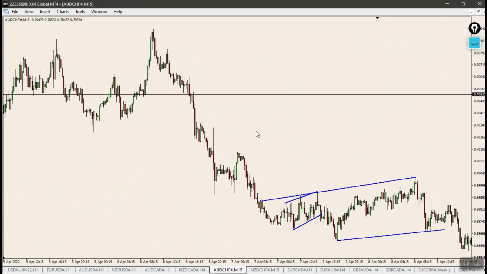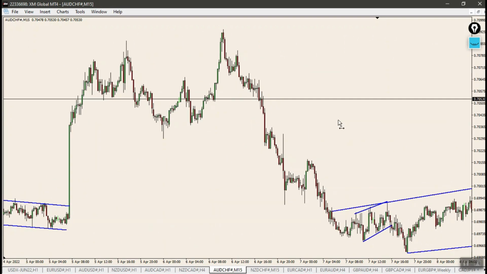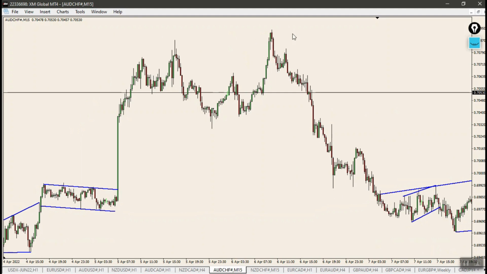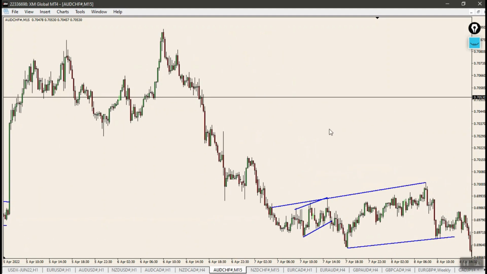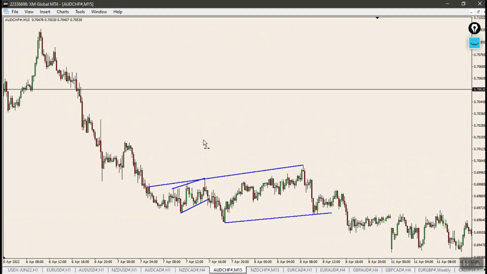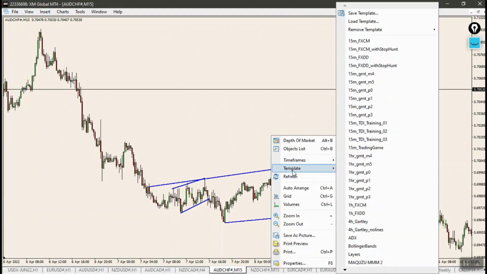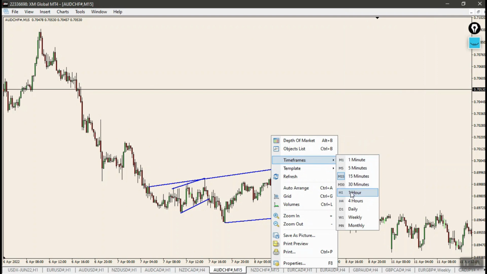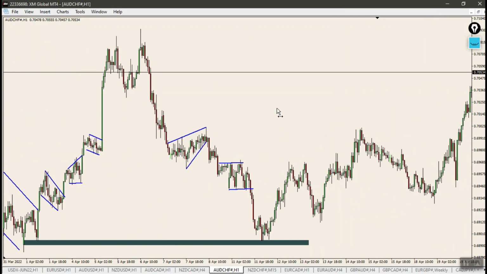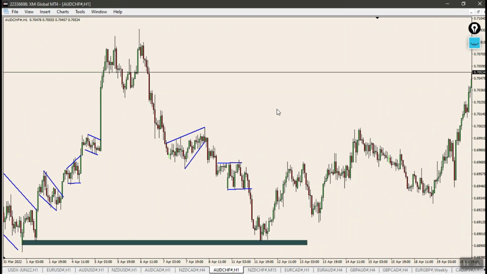On the next example, we are still on Aussie CHF. We have a double top here where the market reverses, and we have a continuation pattern, a large structure, on the 1 hour chart. Let's go on the 1 hour chart real quick, so that we have further clarity, right?